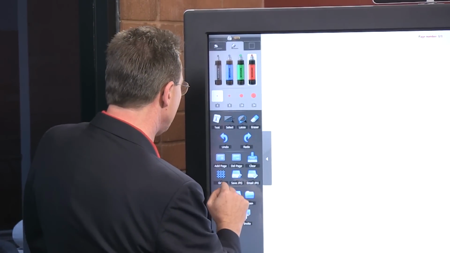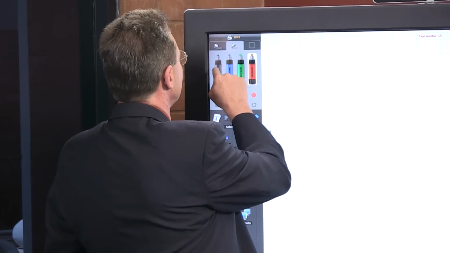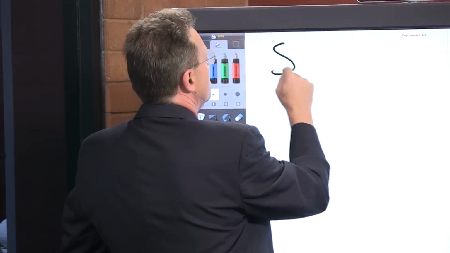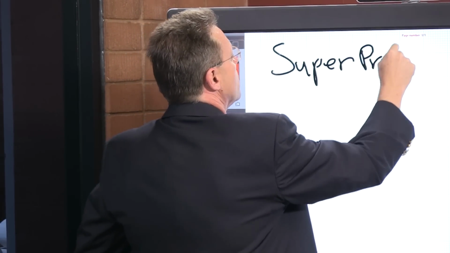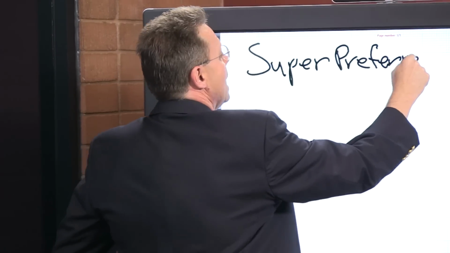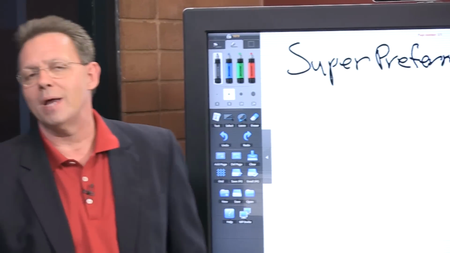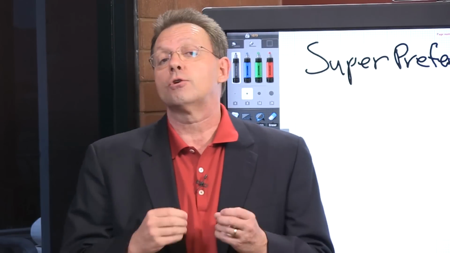Now, I want to bring up the grid here, and the first thing I want to talk about is the non-rated areas. The first one is super preferred non-smoke. Now, super preferred non-smoke is the highest classification that we have in the life insurance business at this time. And that is really for the creme de la creme.